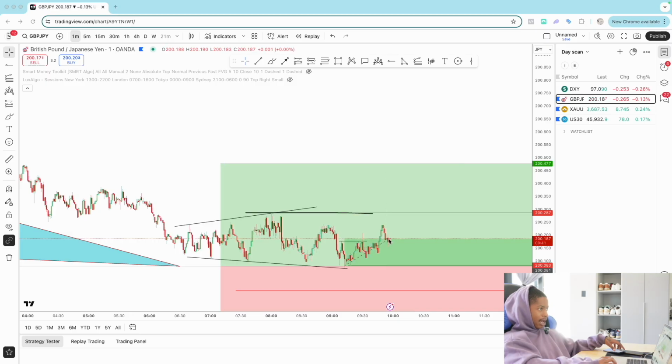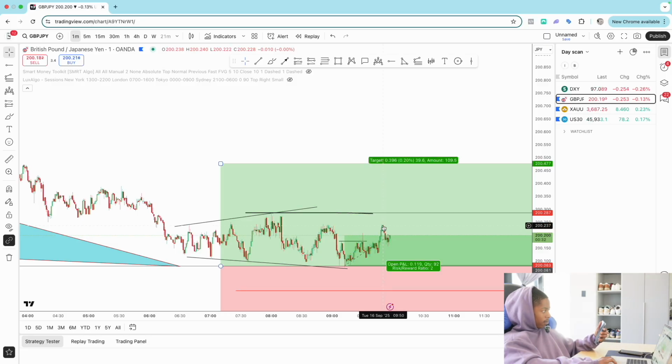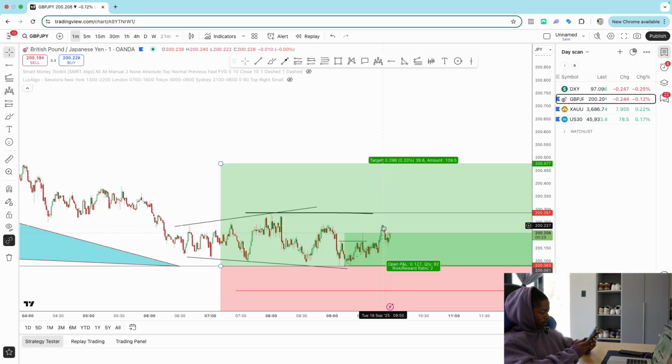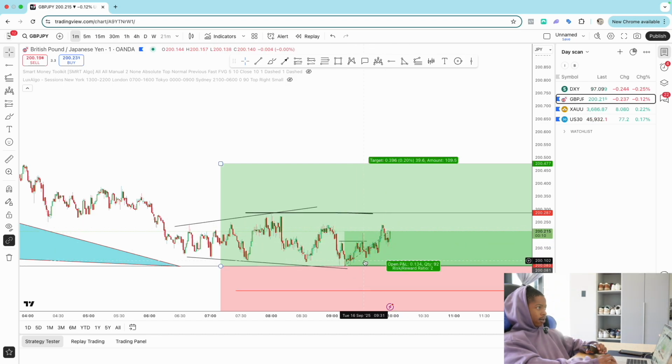Once it breaks above here again, let's say for instance at this high, I can take my stop loss from here and put it here or put it here, and so on.